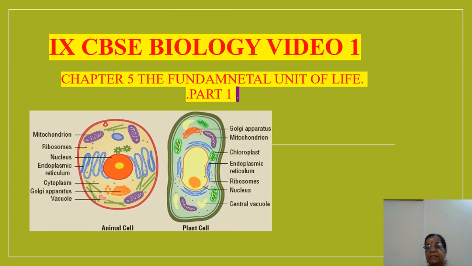Just make a note of this. And the animal cell has only an outer cell membrane, flexible in nature. And as we know, the cell is the structural and functional unit of life.